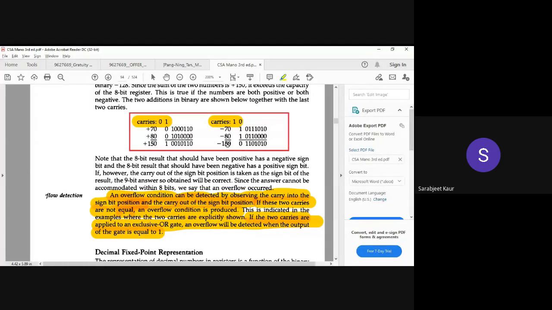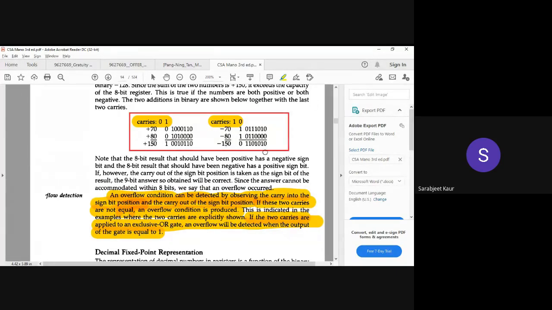We know that is the only case when we can get an overflow, because otherwise it will be a subtraction. If one of the numbers is positive and one is negative, it will actually be a subtraction, so there is no chance of an overflow condition.